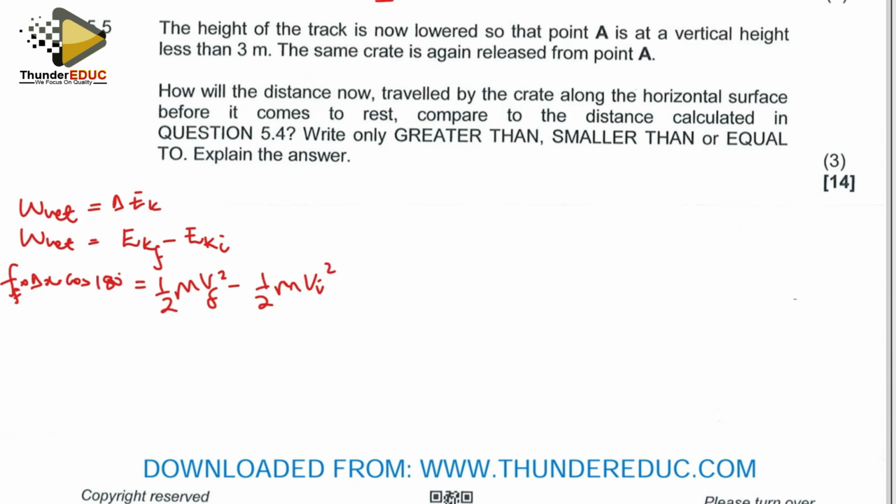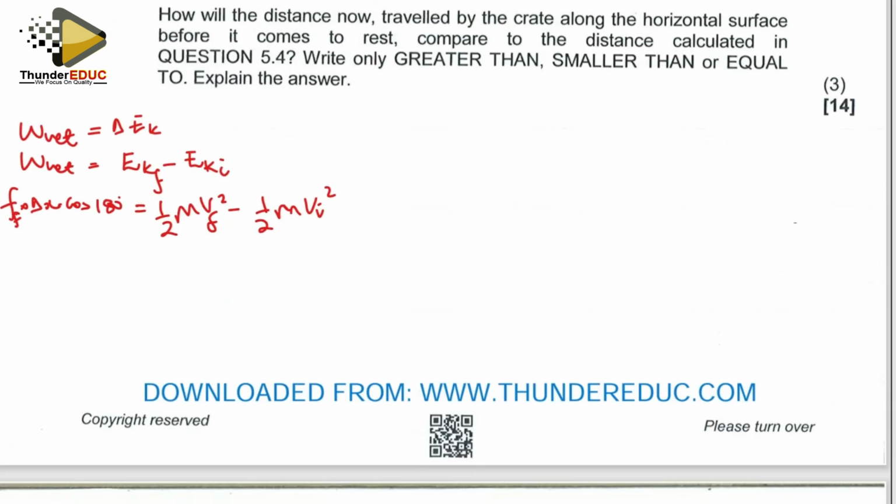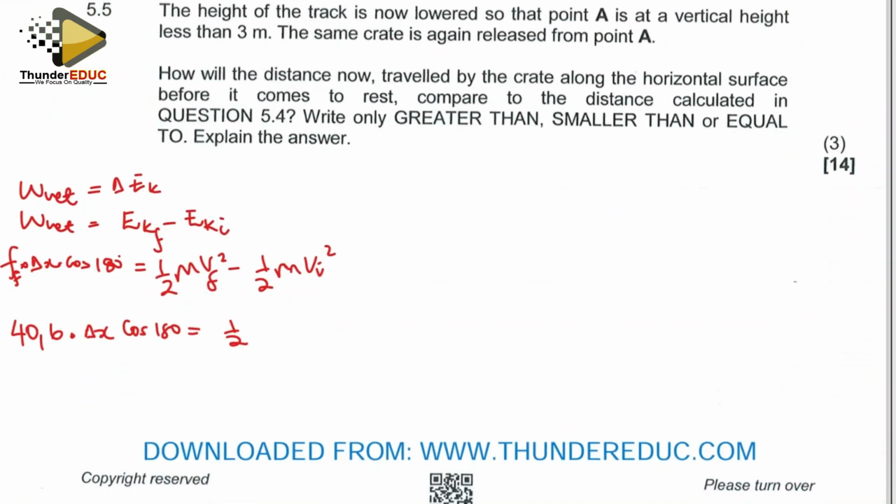So our frictional force, they gave it as 40,6. 40,6 multiplied by delta x, and then the cos of 180 is equal to a half. The mass is 18 kilograms. Good.